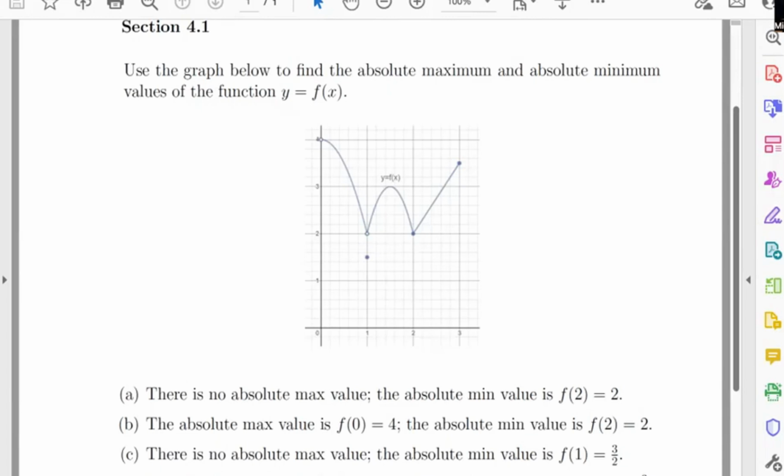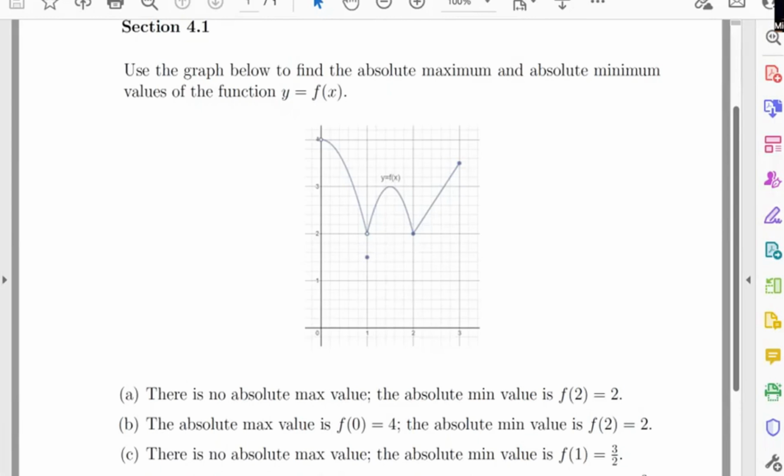That's larger than 3.9, but it's not as large as 3.999, which is also on the graph. You can just keep playing this game forever, and you can get really, really close to 4, but you can't find a specific number less than 4 that there isn't a number larger than it. And we can't pick 4 because there's an open circle at 4. So there's no absolute max value.